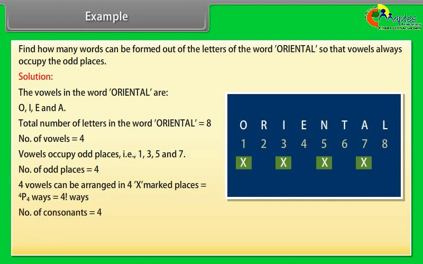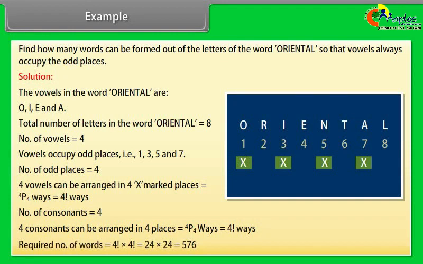Number of consonants is equal to 4. 4 consonants can be arranged in 4 places in 4P4 ways, which is 4 factorial ways. Required number of words is equal to 4 factorial into 4 factorial is equal to 24 into 24 is equal to 576.